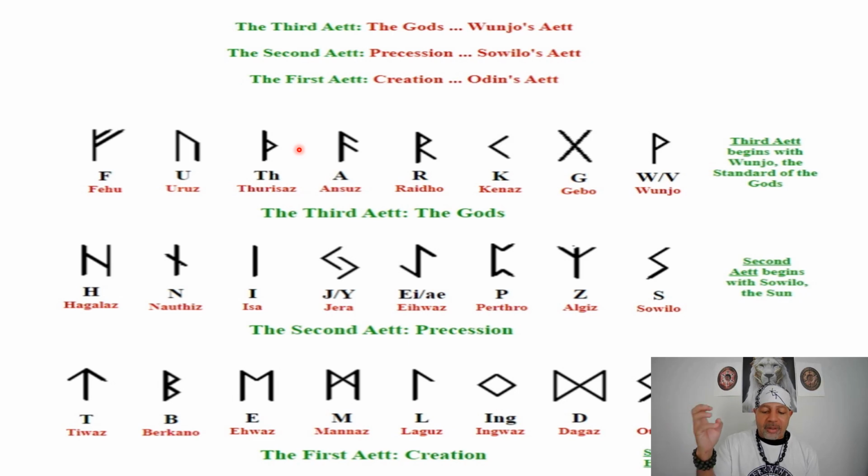Thoth was credited with introducing the arts and sciences, including astronomy and hieroglyphics, to the ancient Egyptians. Thoth was the scribe of the gods. The ancient Egyptian hieroglyph for scribe is not unlike the runic hieroglyph for Thurisaz. Thoth was also the ancient Egyptian god of the moon. So we have Thurisaz representing the god Thoth.